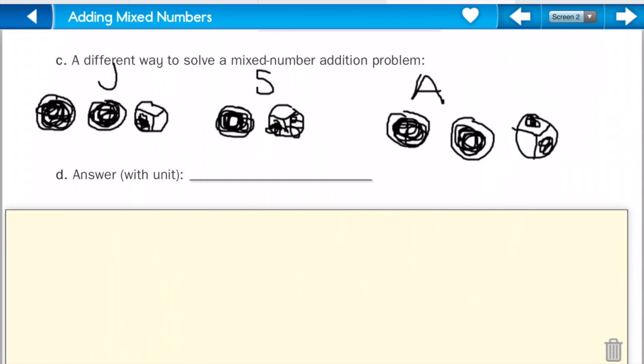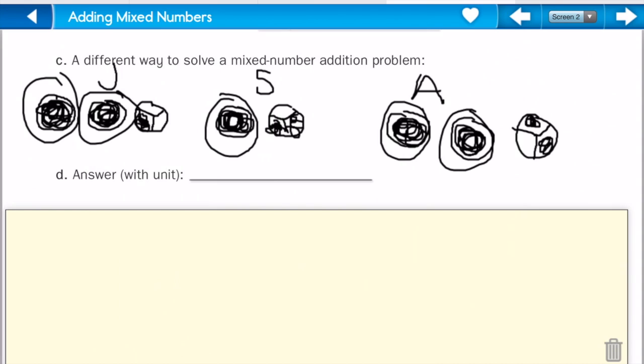I'm going to count these, and I know that I have at least 1, 2, 3, 4, 5 circles shaded. And now, let's see how many pieces we have.